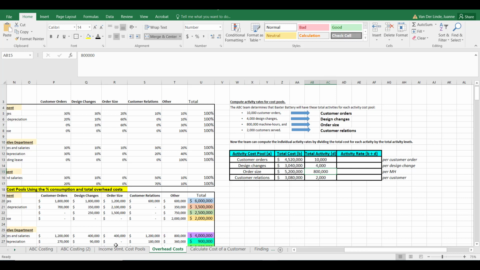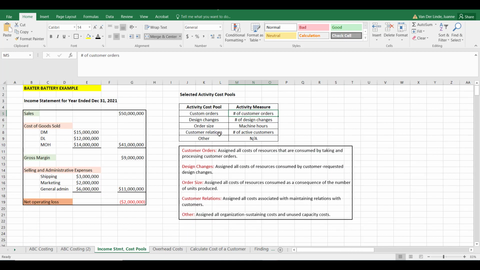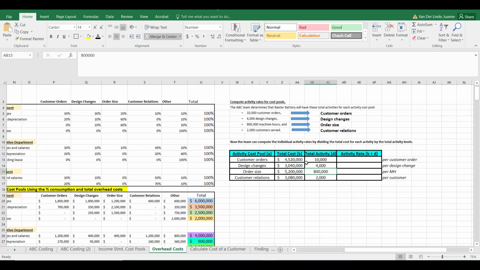And lastly, the customer relations cost pool, that activity measure is the number of active customers. And this company ended up serving 2,000 customers here. So that's the activity measure for that cost pool. So now how do we find the activity rate, or essentially the POR, if you want to think of it that way, for each of these cost pools? To find this, we essentially take the total cost in that cost bucket and divide it by the total level of activity.